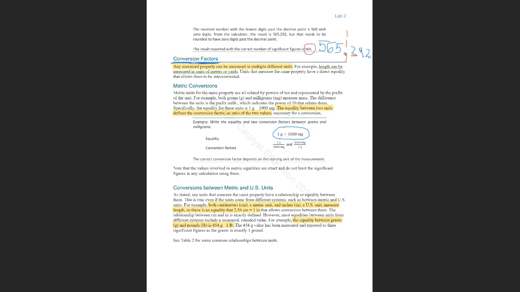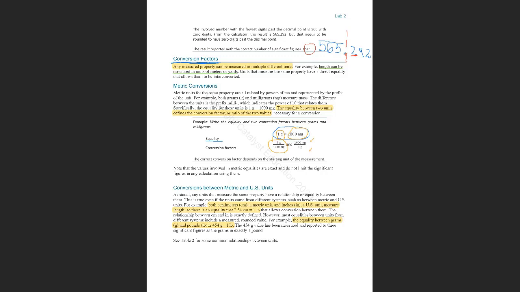So you are going to use this equality to do the ratio. And here they are showing you that you can have 1 gram on the top. You can use all of what is to the left of the equal sign on the top, and whatever is to the right of the equal sign on the bottom, or you can do another ratio that is opposite, the 1,000 up and the grams down.